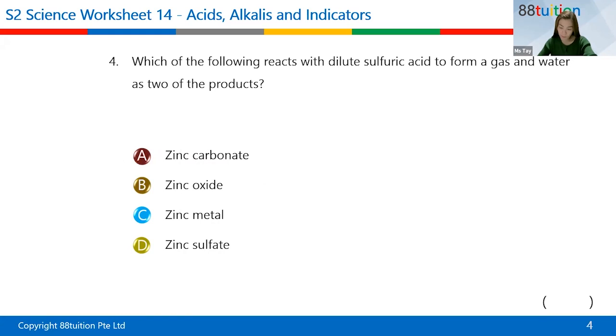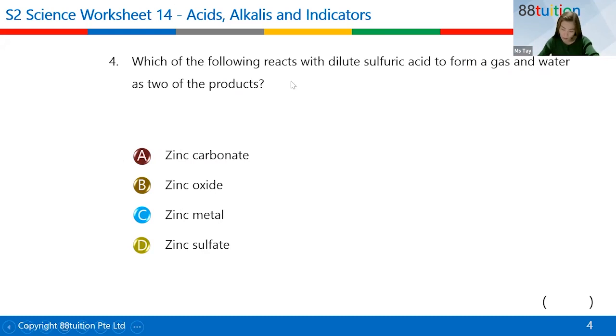Question 4. No questions also. Everybody got it right. Dilute sulfuric acid to form a gas and water as two of the products. So always try to remember what you learned in acid reactions.